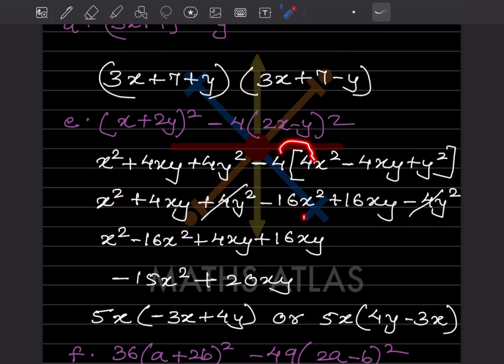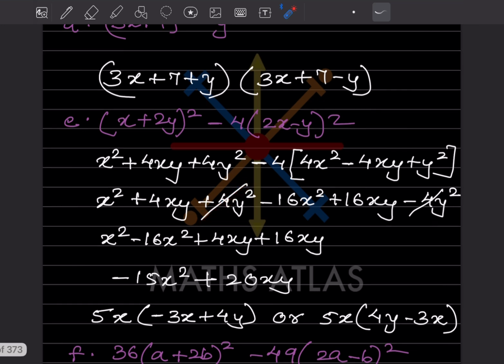This is going to be 16x square minus 16x square, minus minus becomes plus. This is going to be 16xy, and this is going to be minus 4y square. So now this plus 4y square minus 4y square gets cut. So what we can write here, x square minus 16xy, x square, that is plus 4xy plus 16xy.